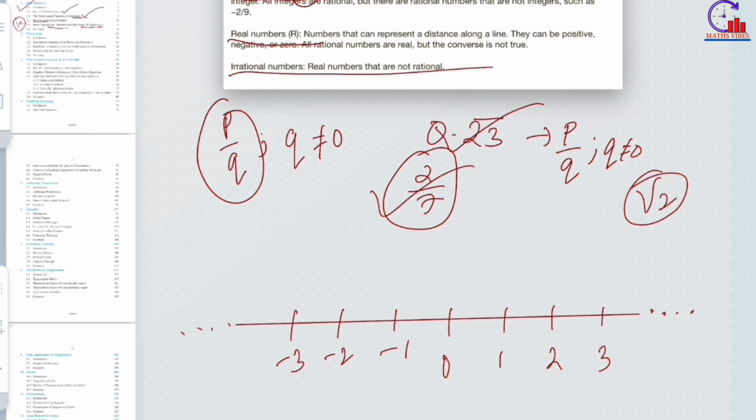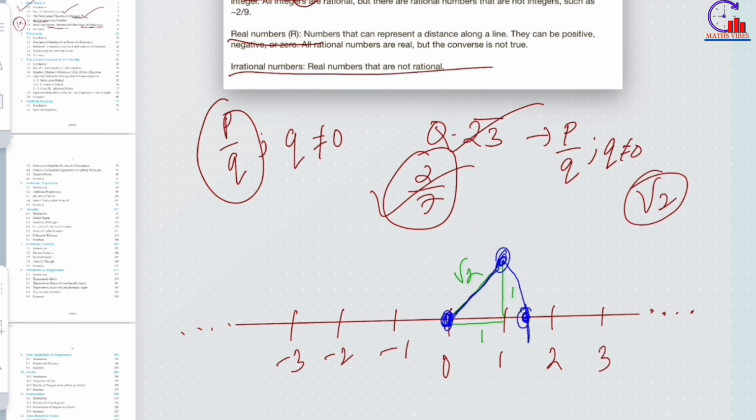For example, let us take √2. From 0 to 1, let us take this as 1 unit, okay, and draw a perpendicular which is also of 1 unit, and draw the hypotenuse by using Pythagoras theorem. This is √2, and from here to here this distance is √2, and we can mark it here.